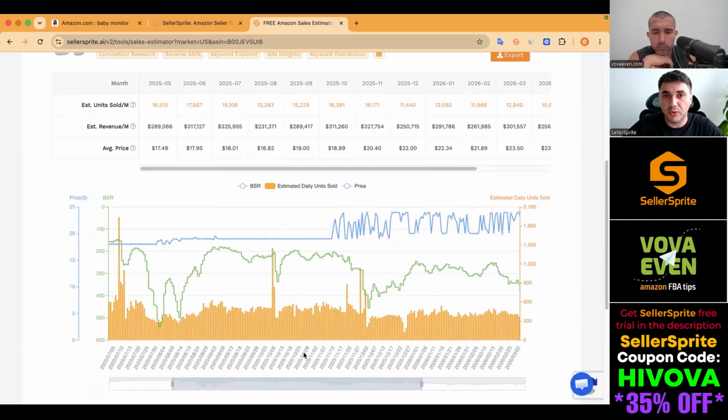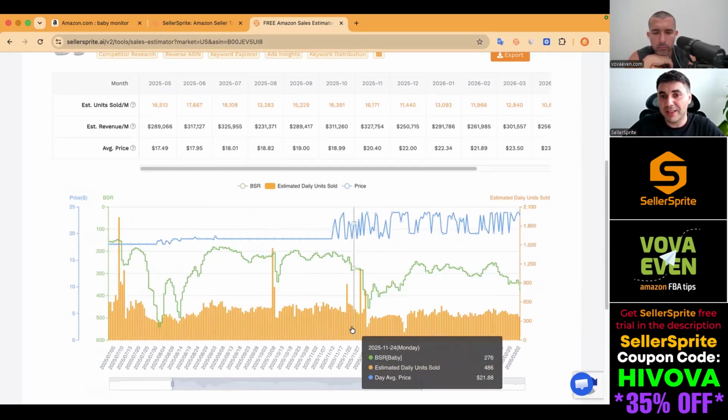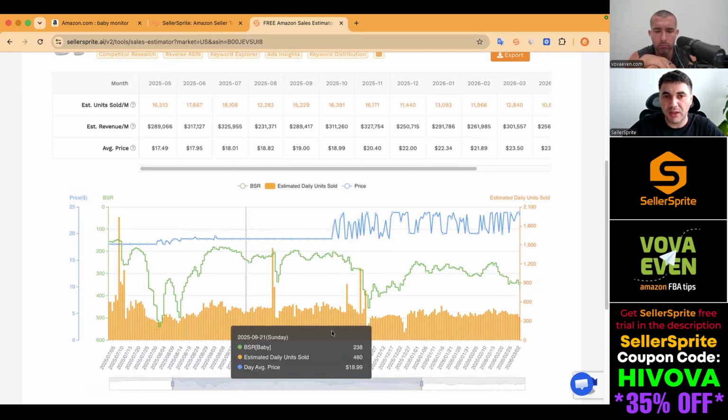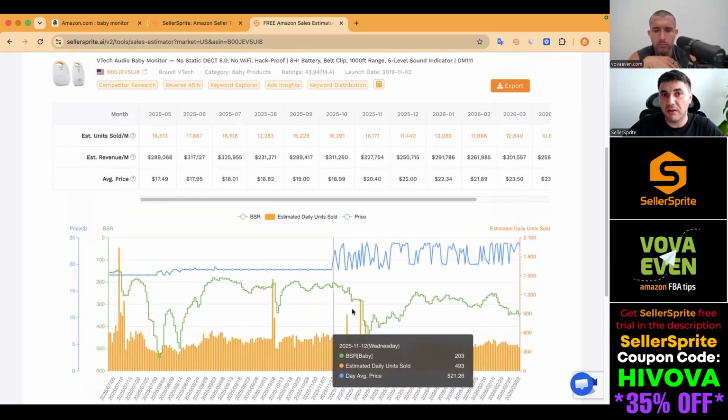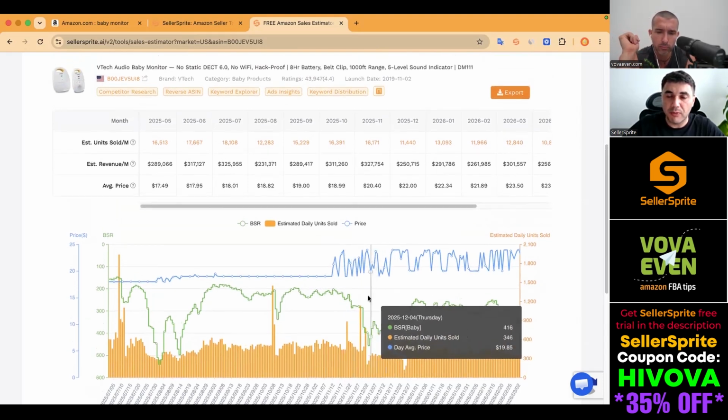It helps a lot to see one specific day, like 2025, November 24, how many units sold, and November 25, how many units sold. You can see it from here, and it's very helpful.